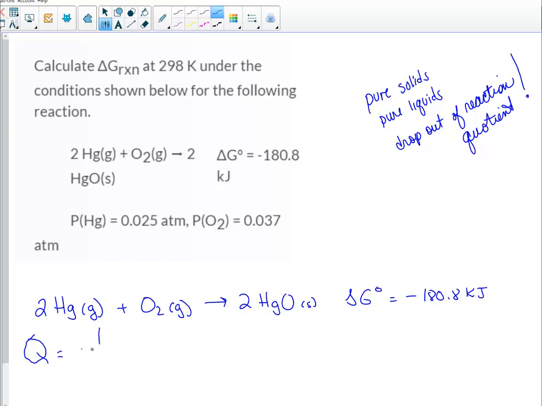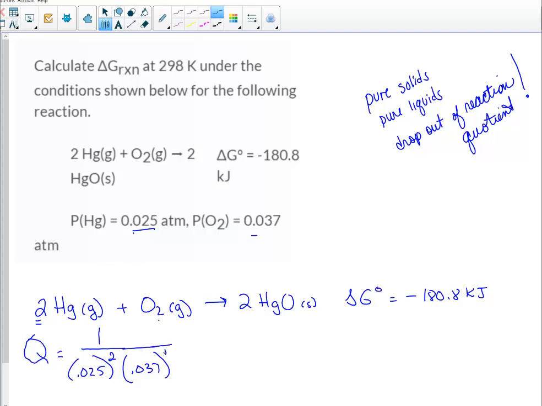I'm going to just put a 1 there, so we can see that the mercury Hg, which is 0.025, will need to be squared from its coefficient, times molecular oxygen, which is 0.037, and it's just to the first power since its coefficient is a 1.